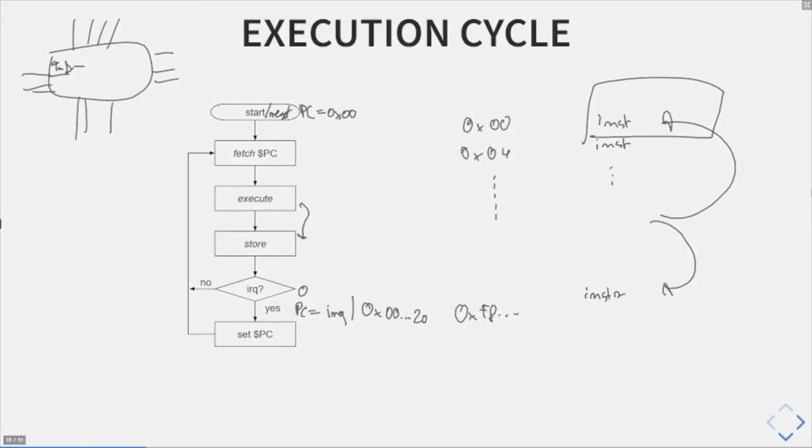Okay. Any idea how to make sure that this interrupt is not going to be executed in between your instructions if you don't want it to? So-called atomic instructions or critical sections in your program could, for example, be several instructions that need to be executed in order for your program to function correctly.